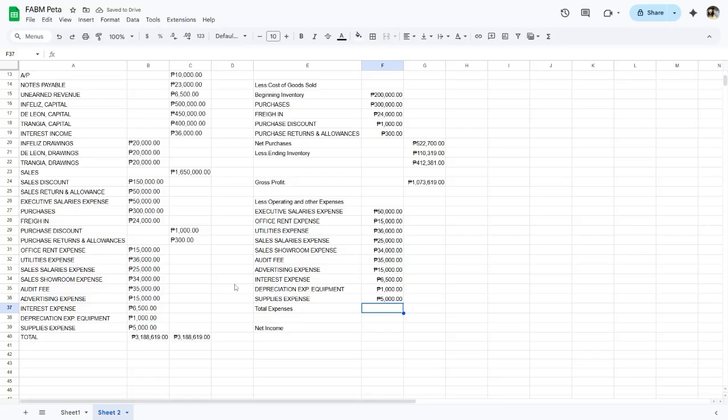Then we total them to get our total expenses. It's just a sum of all of these.